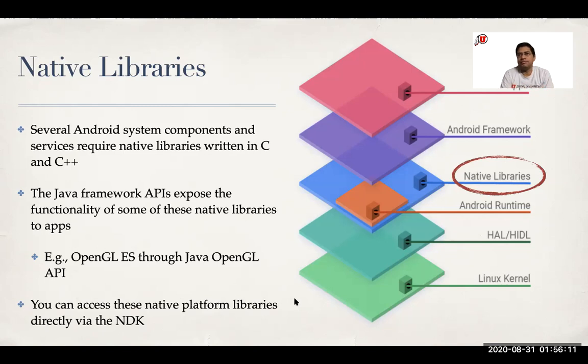And rendering graphics, 2D and 3D graphics using, say, those lower level libraries directly will be much more efficient than using the Java APIs, which are layered on top of several other things. Okay. So that's the primary reason why people may want to do some native development.